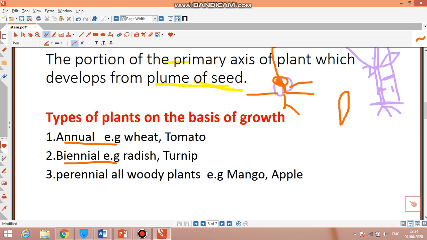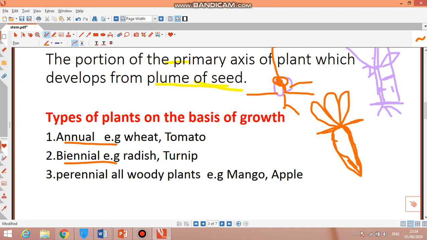So let me draw the diagram. Let's suppose this is the diagram of the radish. So what will happen? These are actually the leaves. In one season, the leaves are produced, and in the next season, this tuberous root is going to develop.